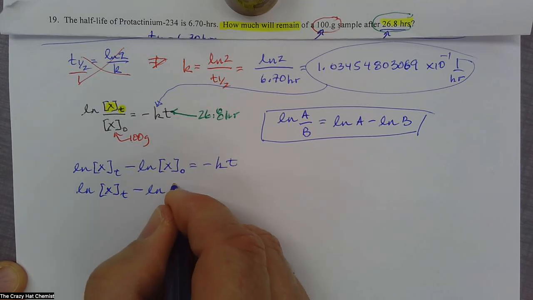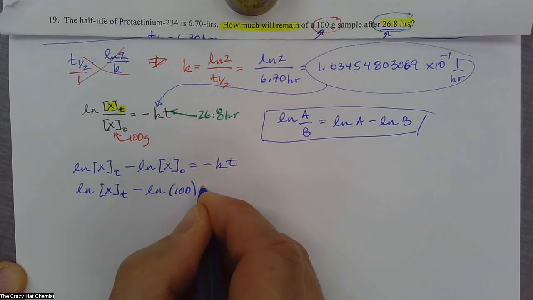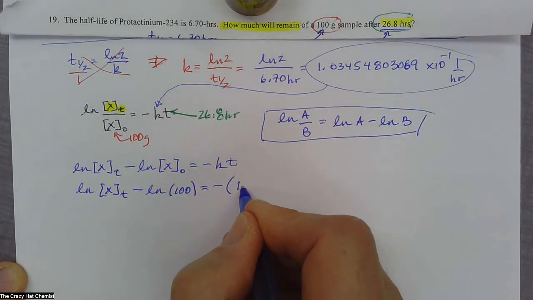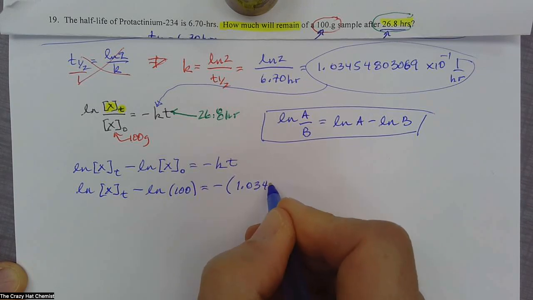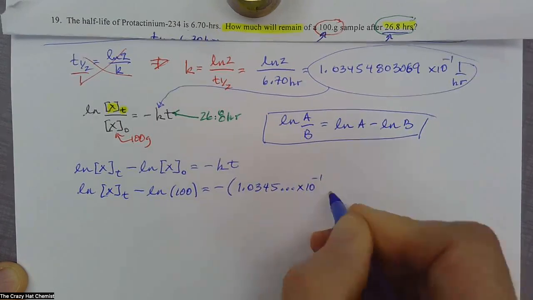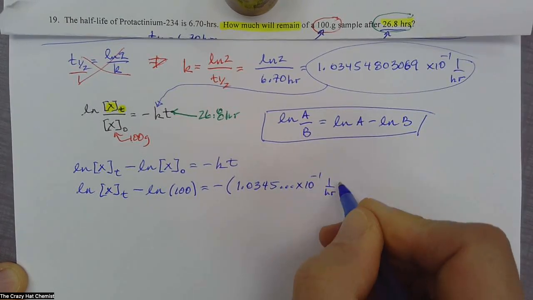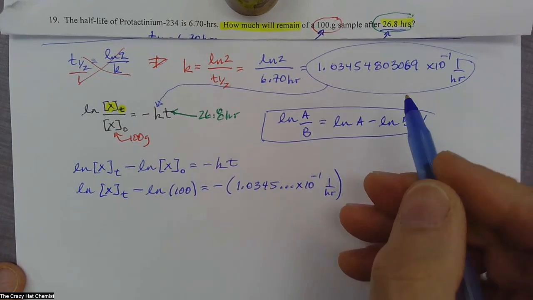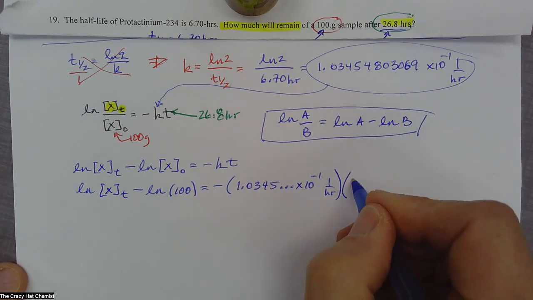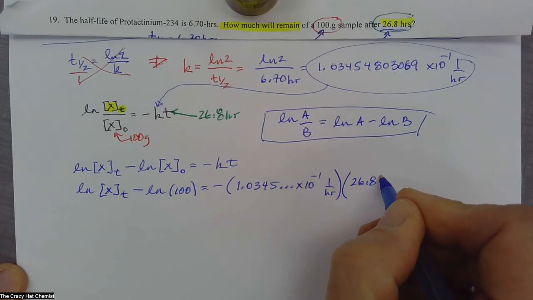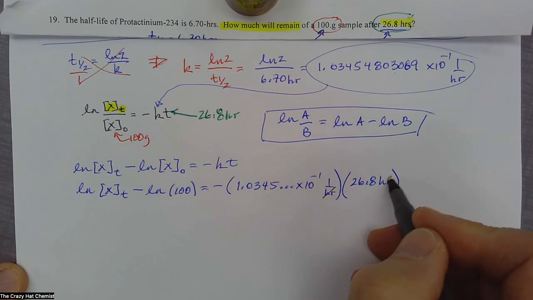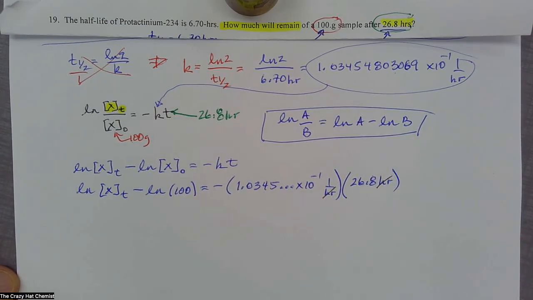So natural log of 100 is equal to negative, and then I'm going to put the k in there, 1.0345..., times 10 to the negative 1 per hour, because I'm going to put the whole entire number that's right here, right in there. And then the amount of time is 26.8 hours. That's the total time. You should see that your hours actually cancel out, so that's a good thing.